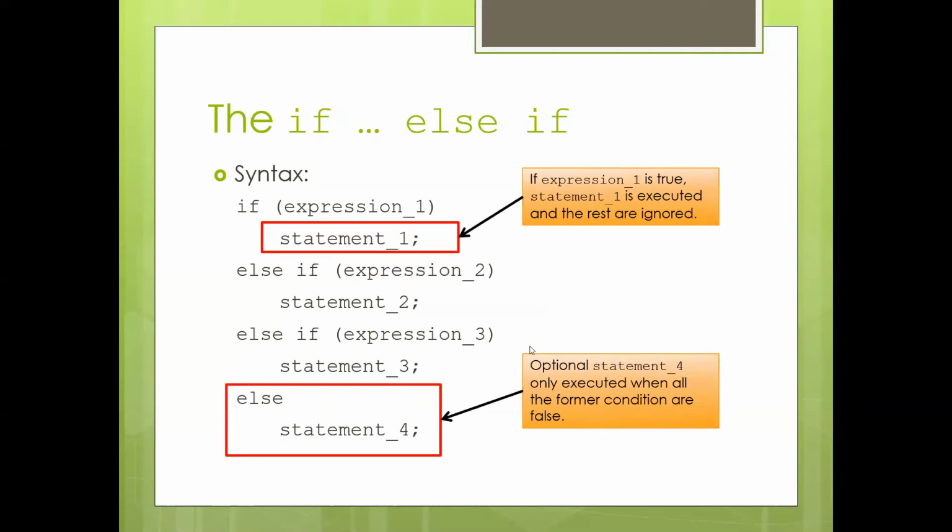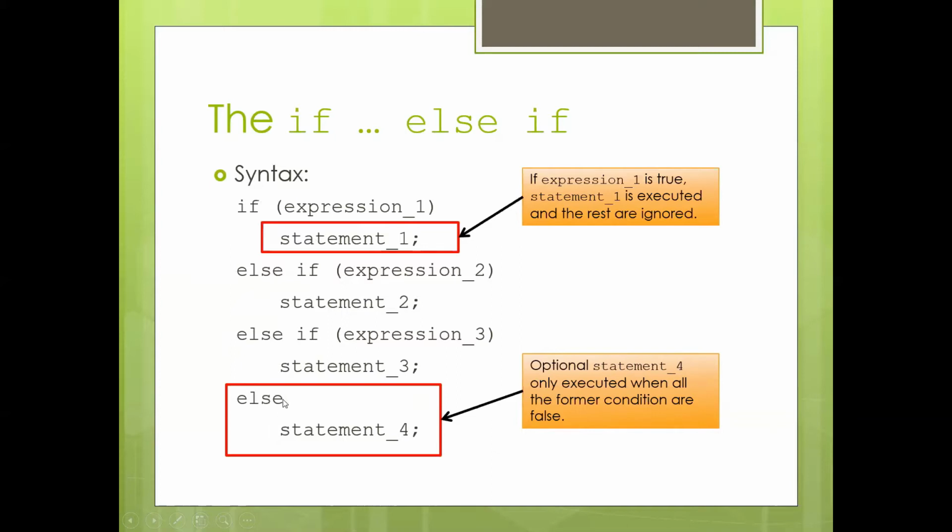Next, this is the syntax for multiple selection. The first one we call the condition, and this one is a statement. Then we have else if expression 2, statement 2, else if expression 3, statement 3, and the last one we have the else.